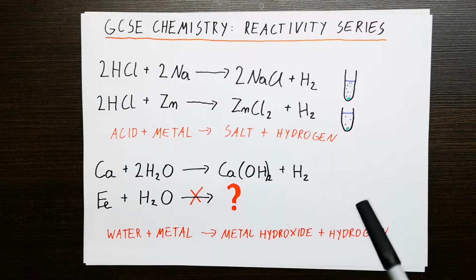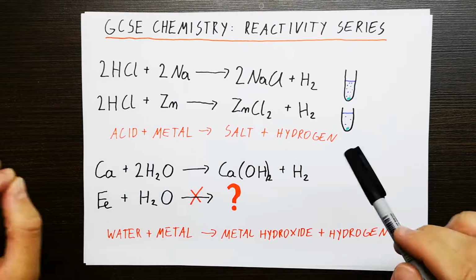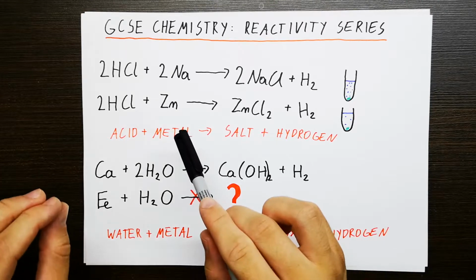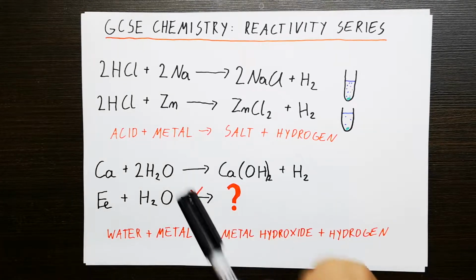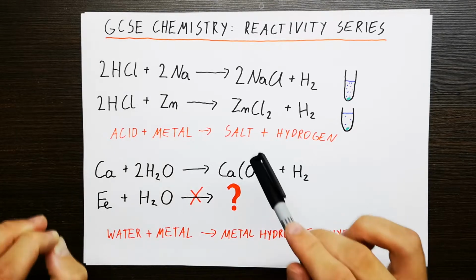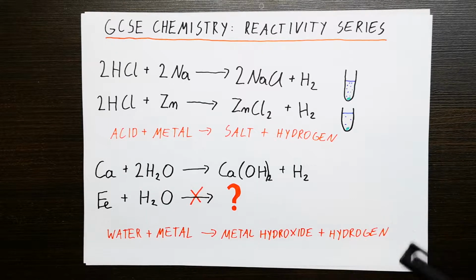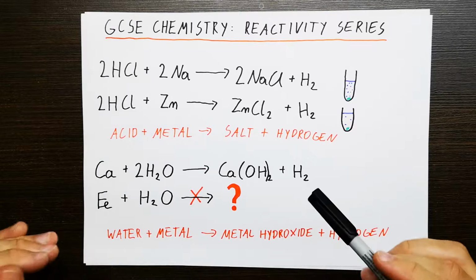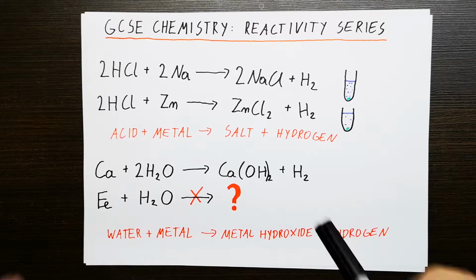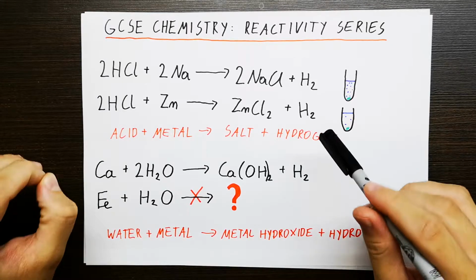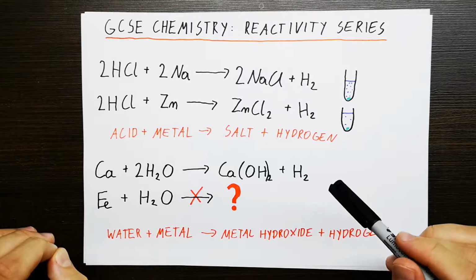And so, what do we have in common here? We have in common that metals give away electrons to form positive ions to begin ionic bonding. And why is that important? Because that is essentially what dictates reactivity series.